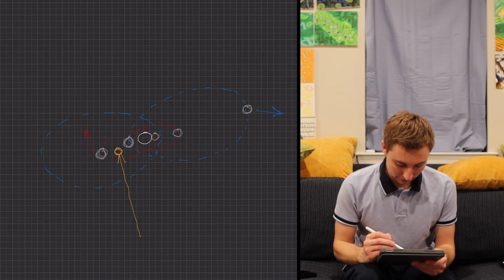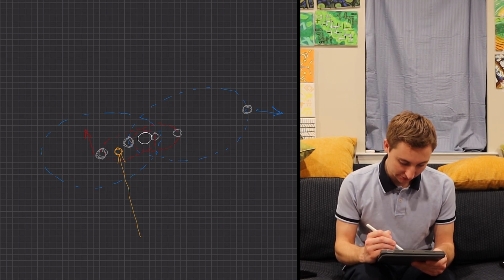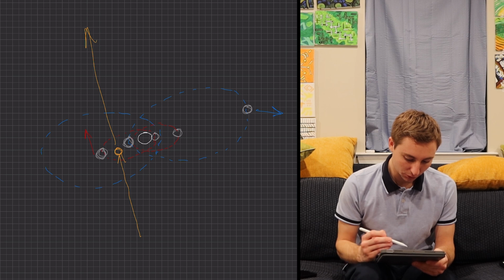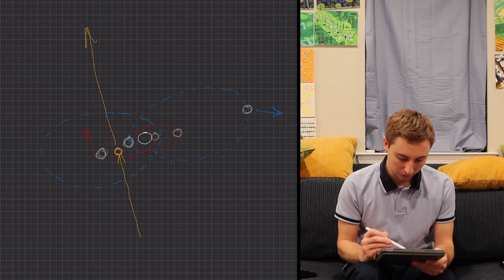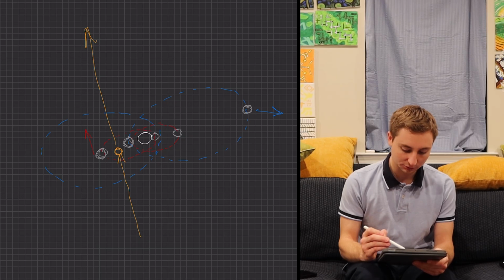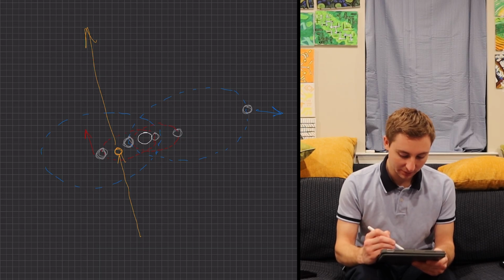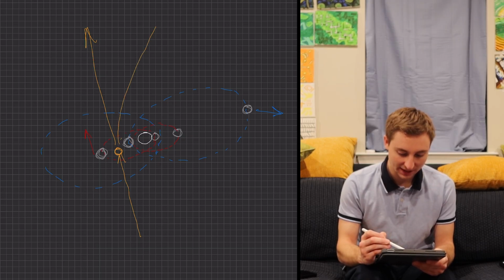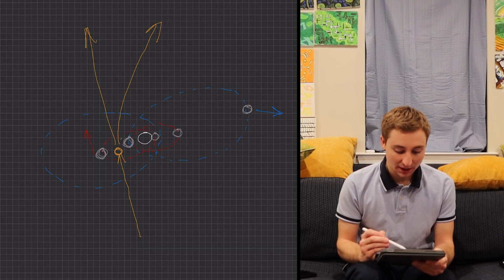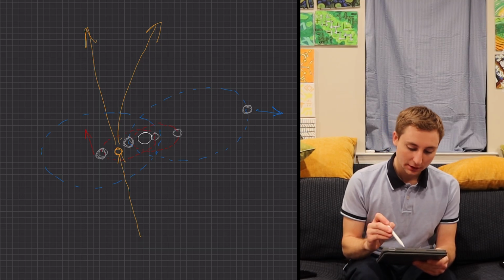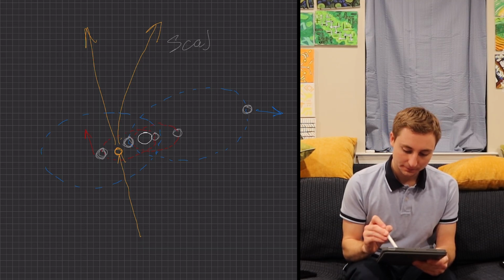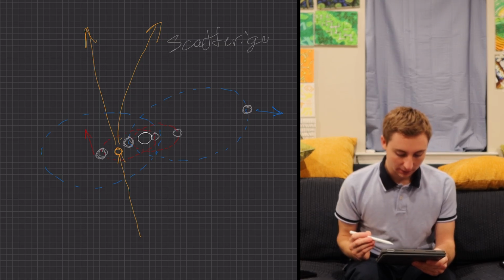So maybe it comes in here, but instead of continuing straight through, it gets affected slightly, but since it's not coming at an angle where it's really at a good trajectory, it does something more like that instead. It gets slightly bent, and this is what we call scattering, right?